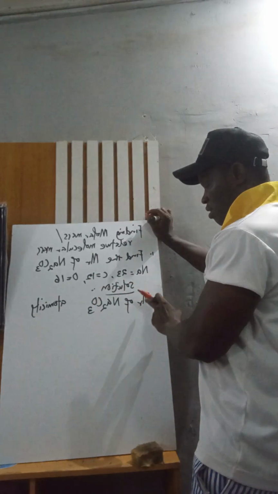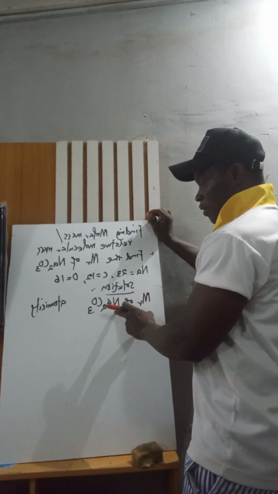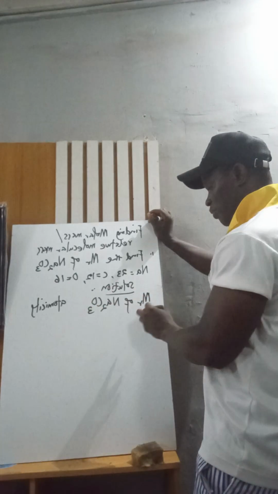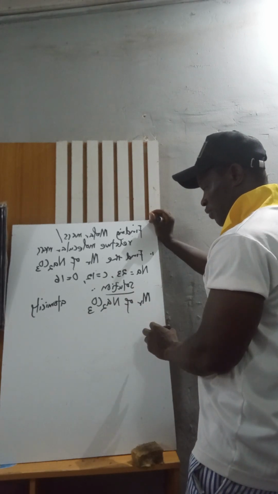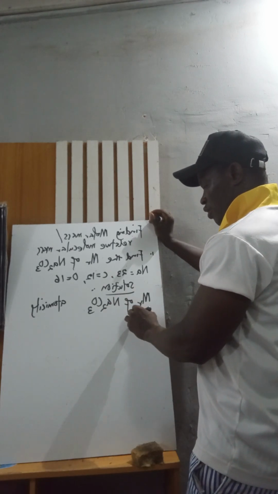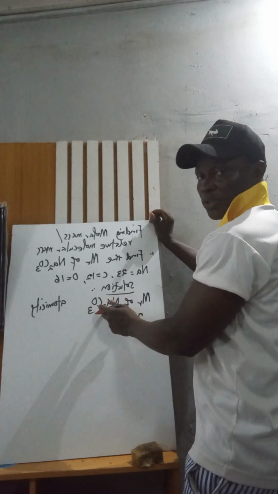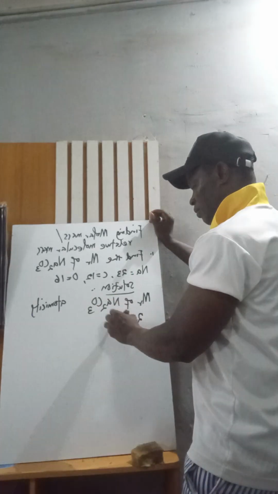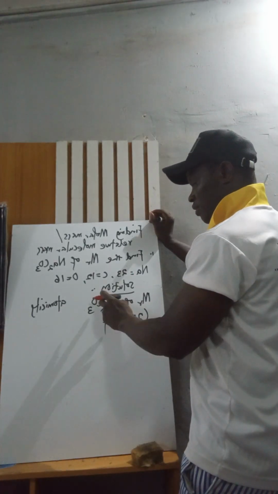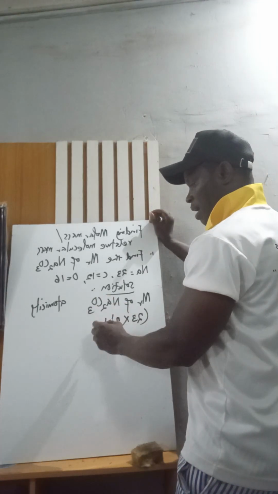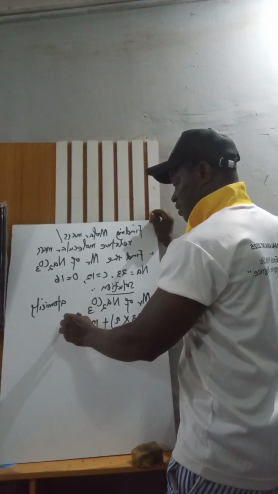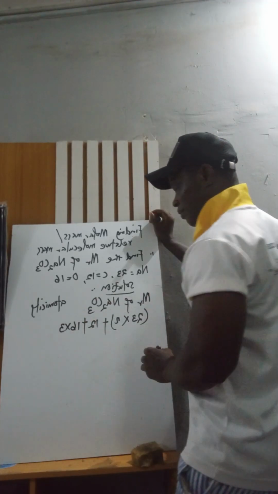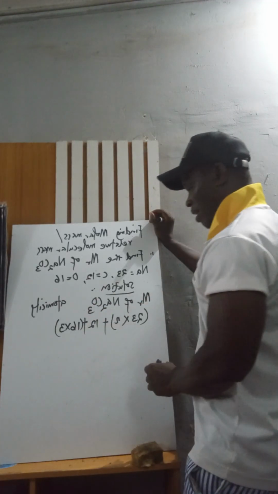So very simple. What is the molar mass of this compound? You just do a thing like this. Molar mass is going to give us sodium, 23 multiplied by 2, plus carbon, 12. Then you have 16 times 3. So let's do the math.